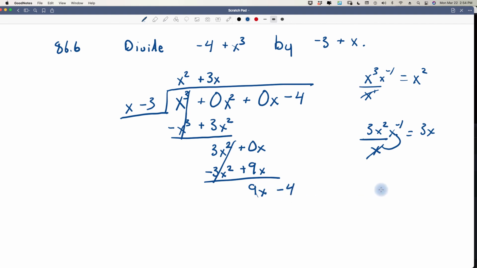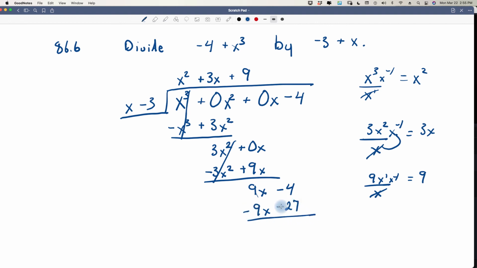All right, and now we divide 9x by x. When this comes up, this is 1, this will be x to the negative 1. So that'll be 9 is what's left. So this is a positive 9. 9 times x is 9x. 9 times a negative 3 is a negative 27.